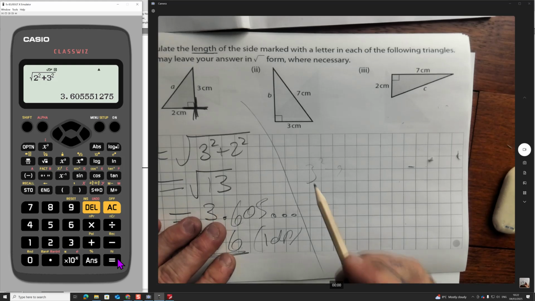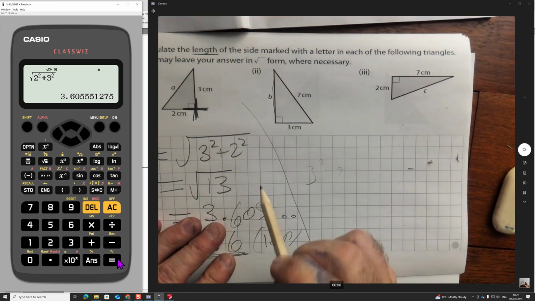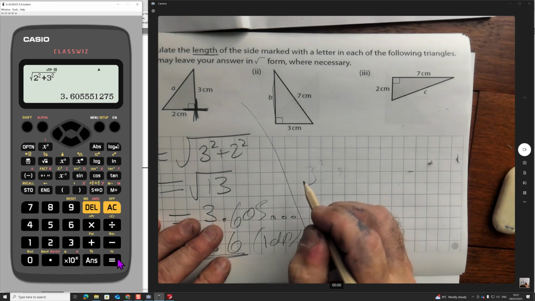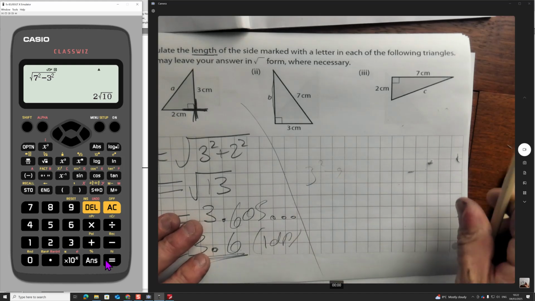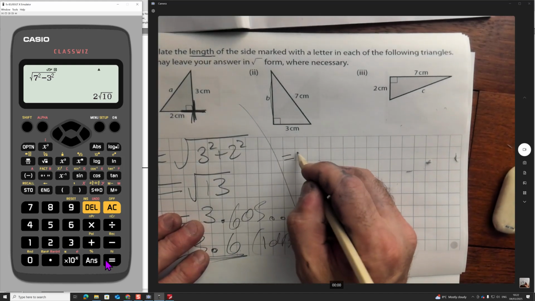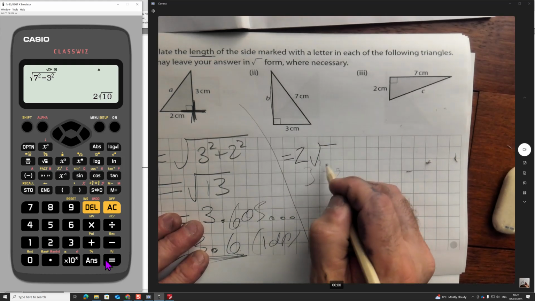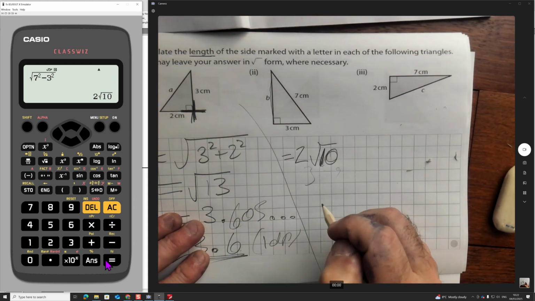Okay, now we have a leg, and a leg needs a minus. We'll do this quite quickly though. I'm going to speed things up here now. I'll go straight over here and take it that I would write this down as well. Okay, so you're going 7 squared minus 3 squared. We will look at it in surd form, and we'll always write down its surd version, which is 2 root 10.